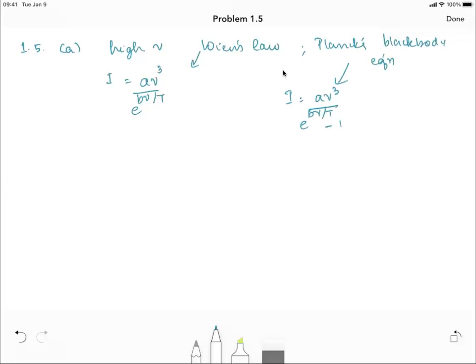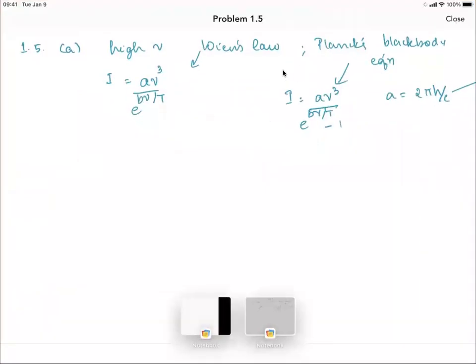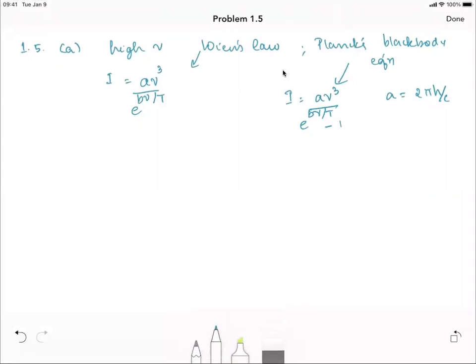Planck showed that the constant A is equal to 2 pi h by c square, and B is equal to h by k, where k is the Boltzmann constant.